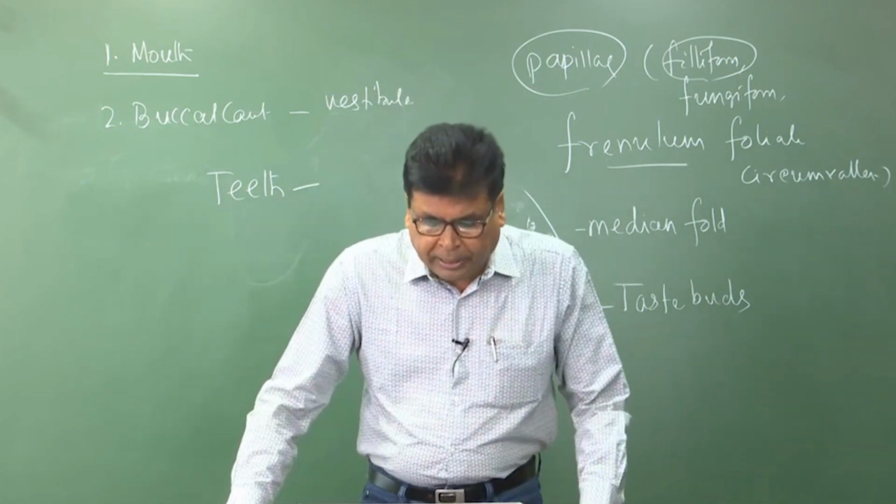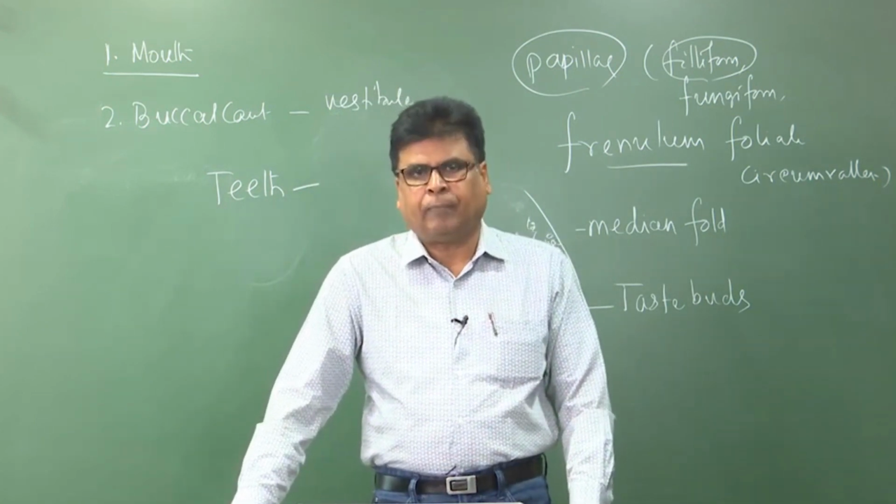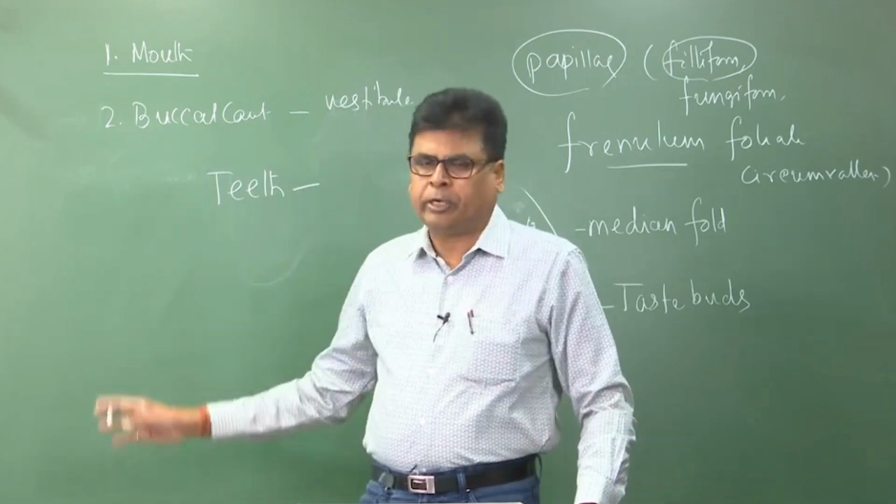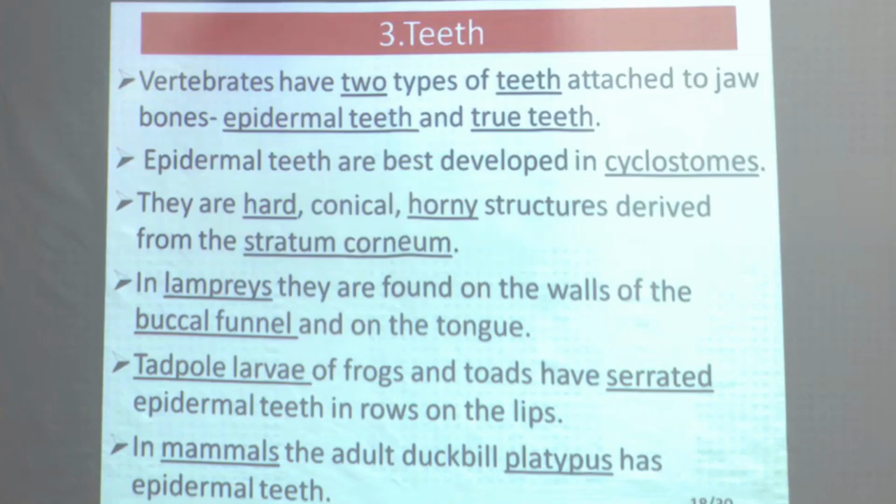So in lampreys, they are found on the wall of the buccal funnel and the tongue, which I also told you during the discussion of the tongue. In case of tadpole, that is the larva of the frog, in tadpole larvae of frogs and toads, serrated epidermal teeth in rows are present on the lips.